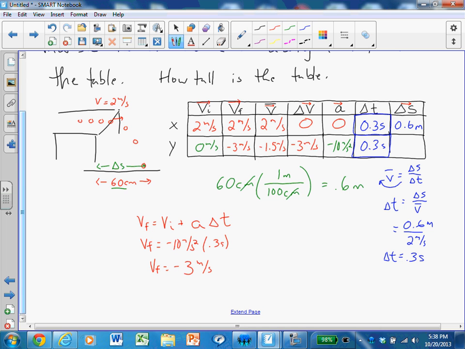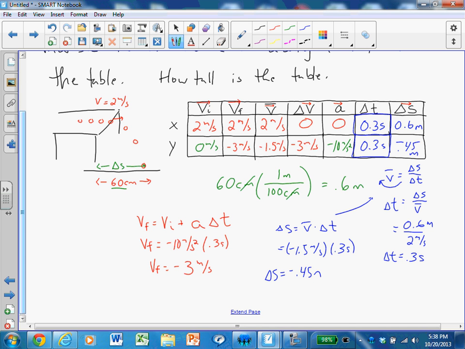Now I can get the height of the table because I can just use this equation again, but in the y, where delta s is v bar times delta t, and v bar was minus 1.5 meters per second, and delta t was 0.3 seconds. So, minus 0.45 meters. That goes in here.